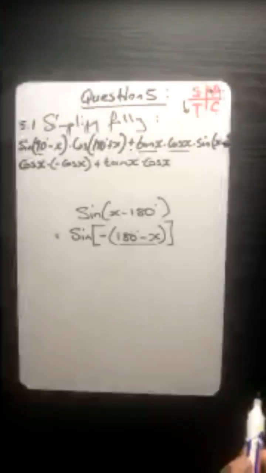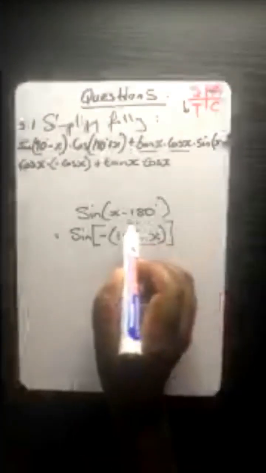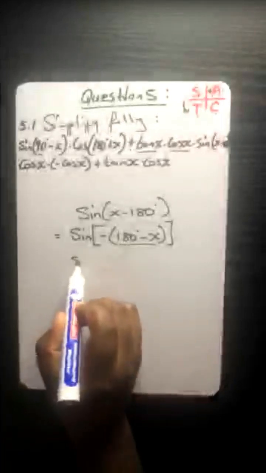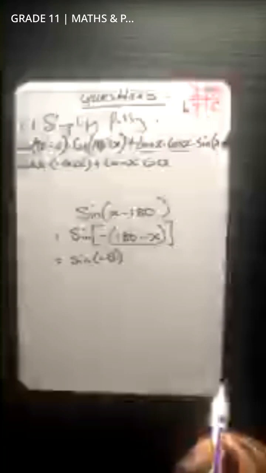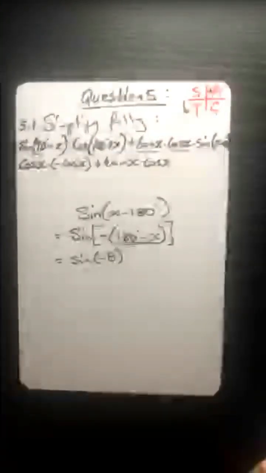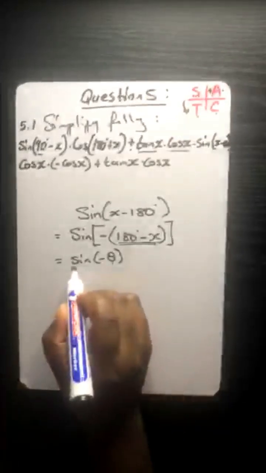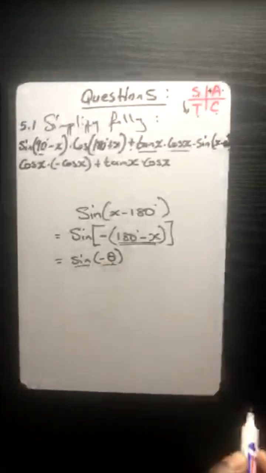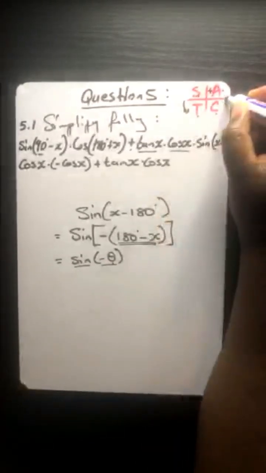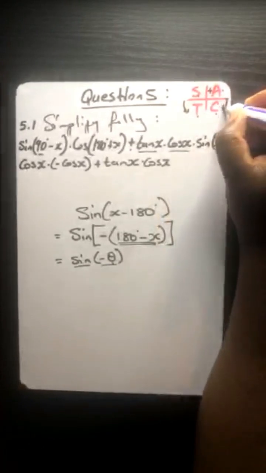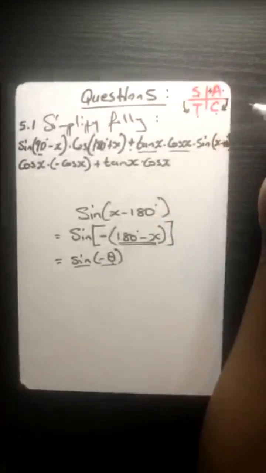But most importantly, remember, assuming the whole of this is just theta, it looks like a sine of negative theta, even though this theta in this case is the whole of that. When you have sine of a negative angle, we said we're just going to assume that from zero, it takes you into the fourth quadrant.